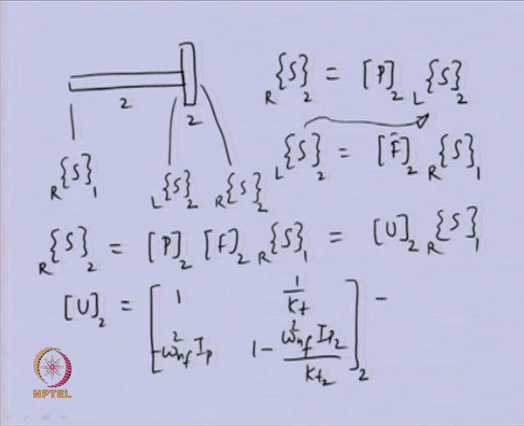This we can call the transfer matrix. Now, you can see that this transfer matrix contains the stiffness of the shaft, the mass moment of inertia of the disc, the polar mass moment of inertia of the disc, and the natural frequency.